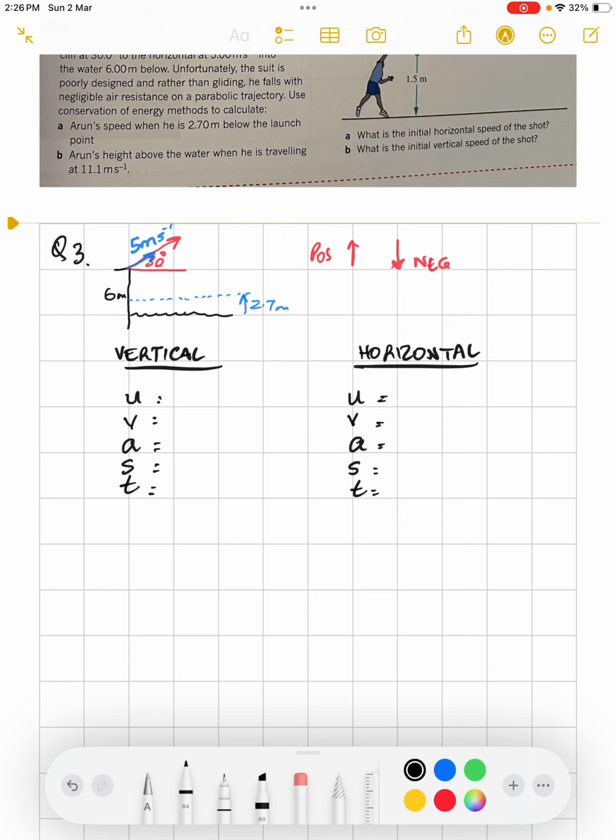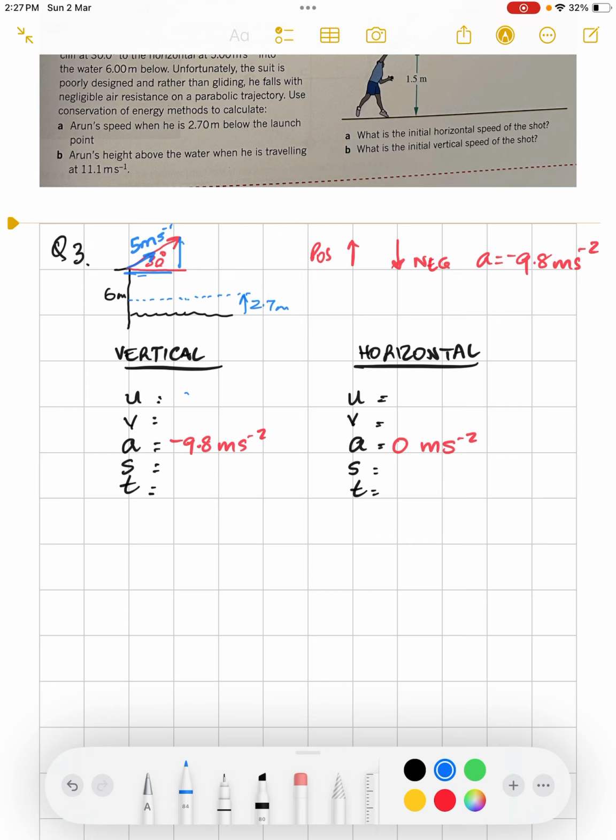Initially, there is a negative acceleration of 9.8 meters per second squared, and that's vertical. In the horizontal, there's no forward force, so the acceleration is 0 meters per second squared. And we have our initial velocity.